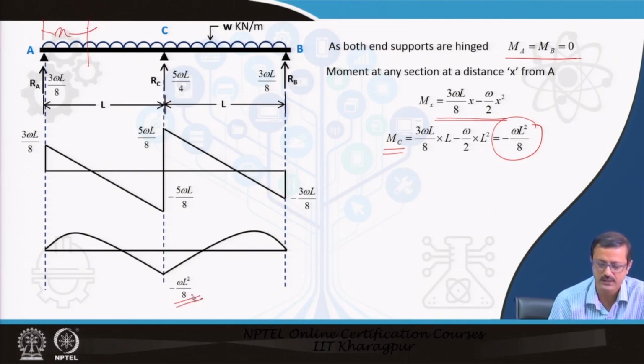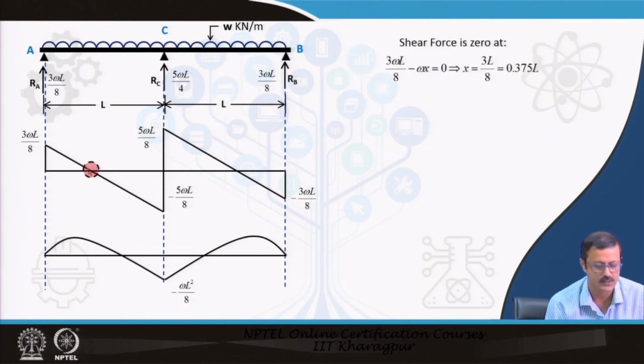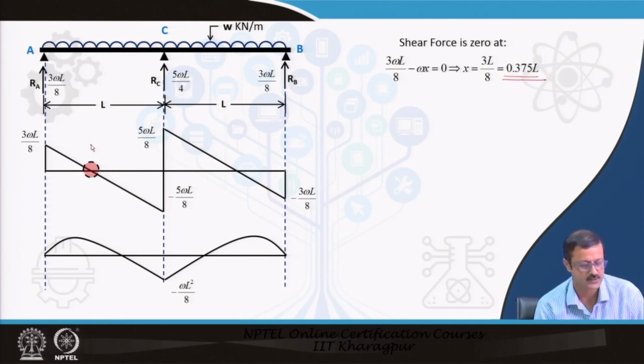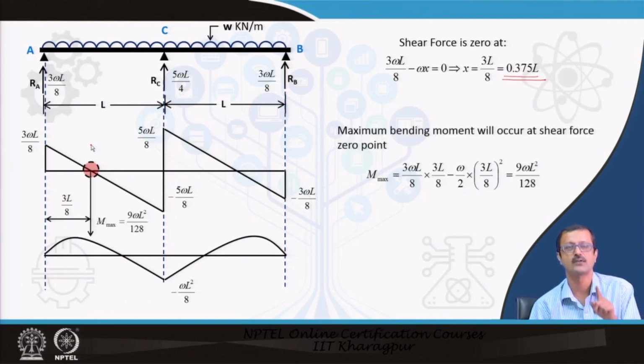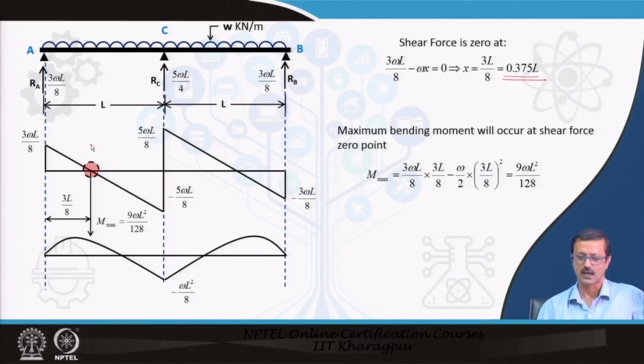Now, one thing is pretty clear, the shear force is 0 here, and I found out that at 0.375 L the shear is continuously decreasing. So, I found that at this particular point the shear force is equal to 0, and I know where shear force is equal to 0, the bending moment has to be maximum over there, as we discussed in the last week's lecture on bending moment.